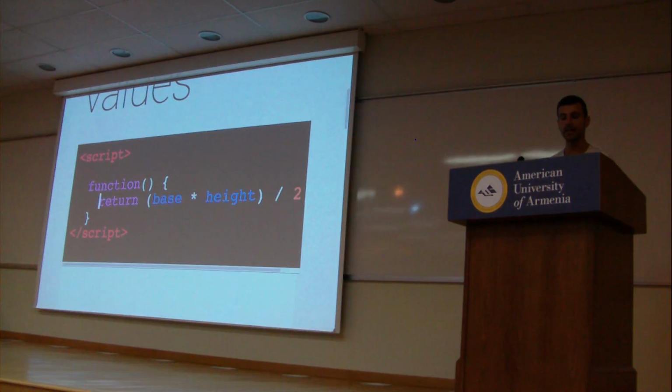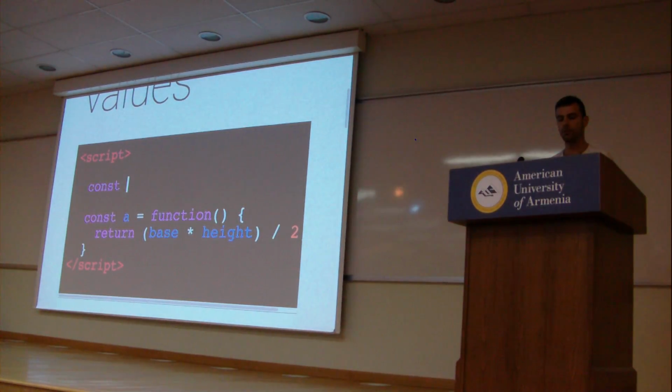Now, just like any other value, we need to give it a name. How do you assign a name to a value in JavaScript? Exactly. So let's do const A is this function. Remember how we did const B is 1? This means that B means 1. This is exactly the same.